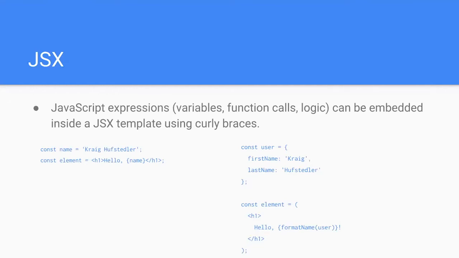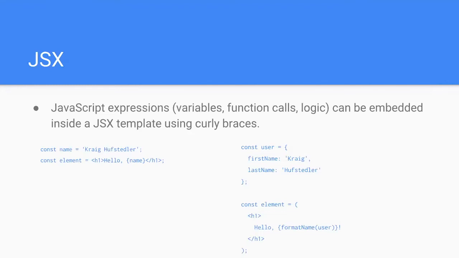Another nice feature about JSX that I've alluded to is that we can have JavaScript expressions like variables or even function calls or logic that can be embedded inside our JSX template using curly braces. So over there on the left, we've got a name variable, name equals Craig Hufstedler.